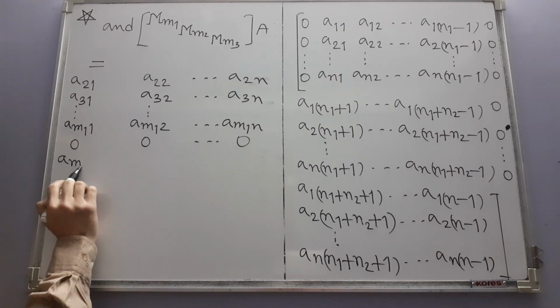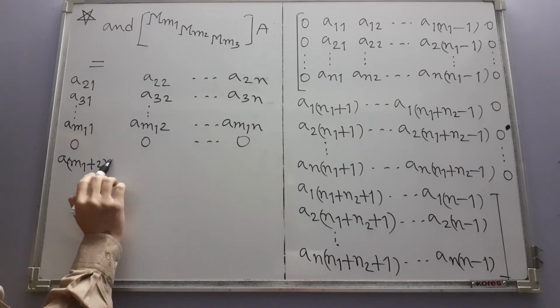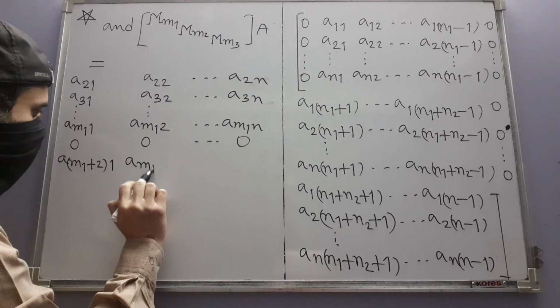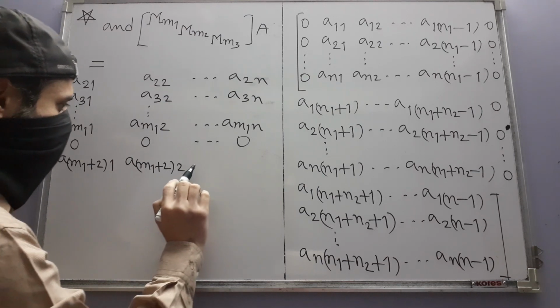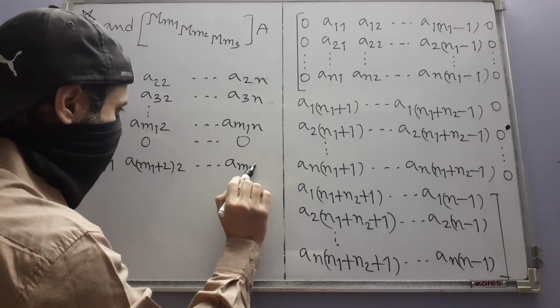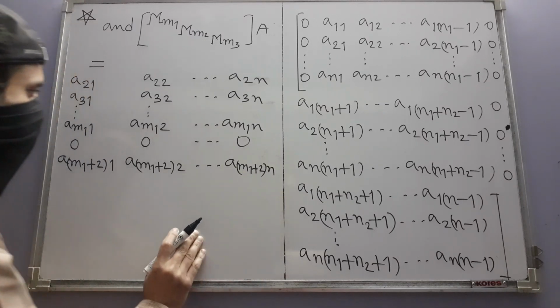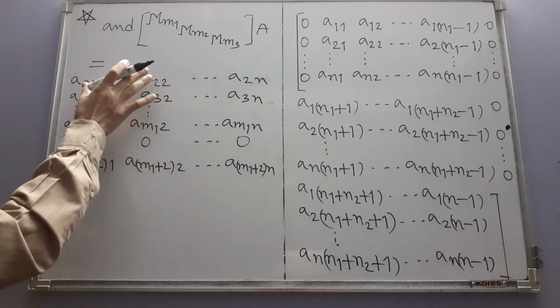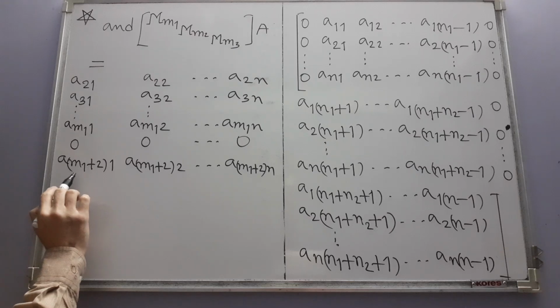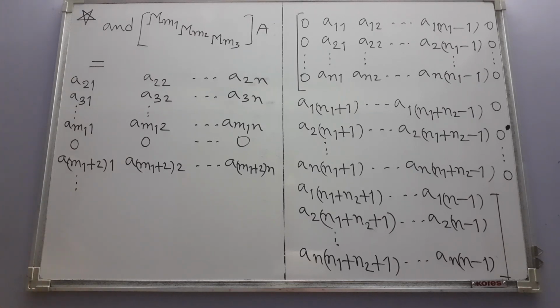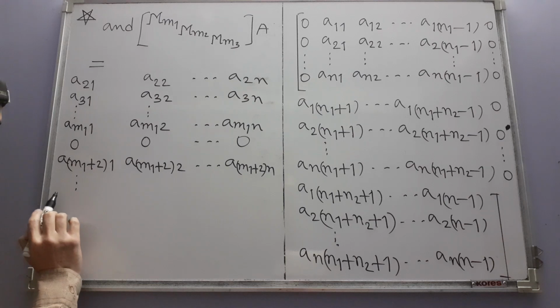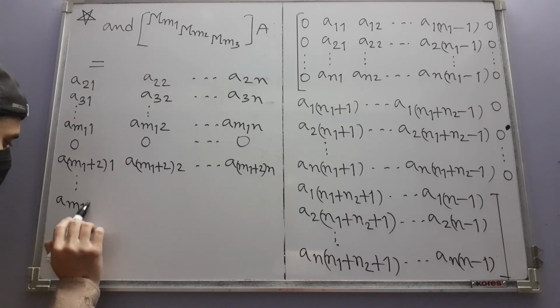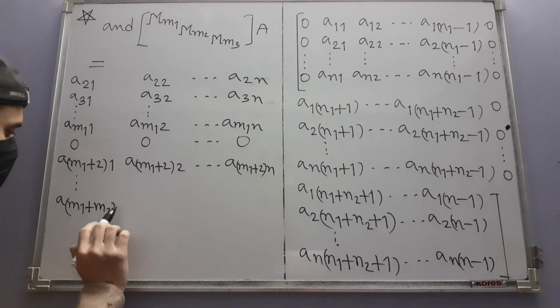Then the next row is M1 plus 2, 1, M1 plus 2, 2, M1 plus 2, n. We can write these things, that's why I needed this space. And then it continues like that, and eventually reaches A M1 plus M2, 1.